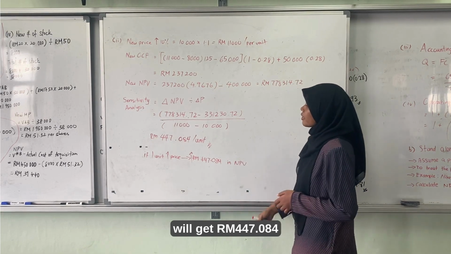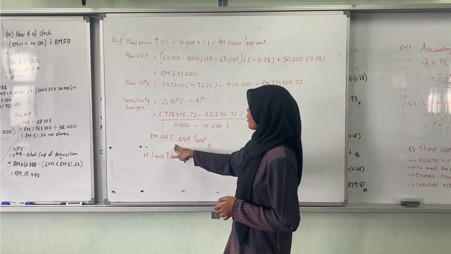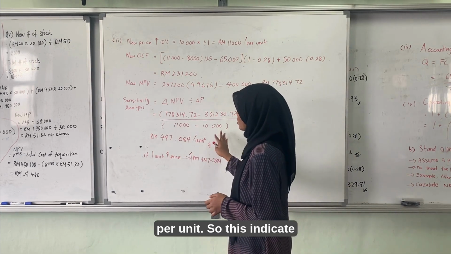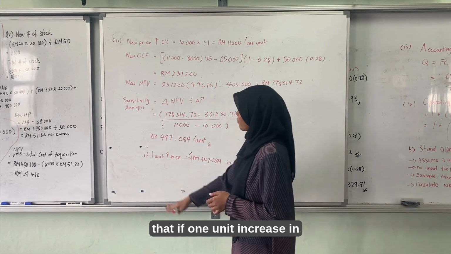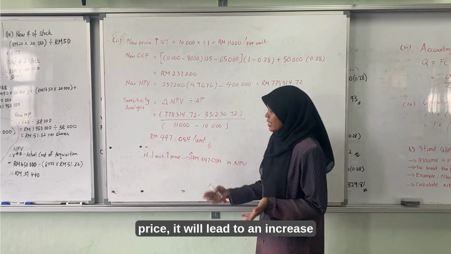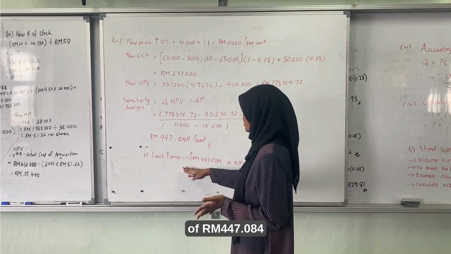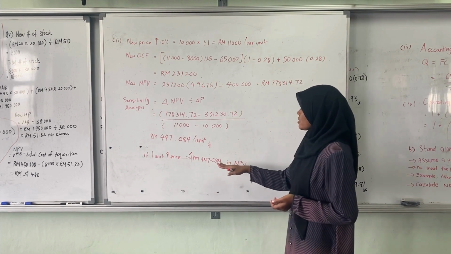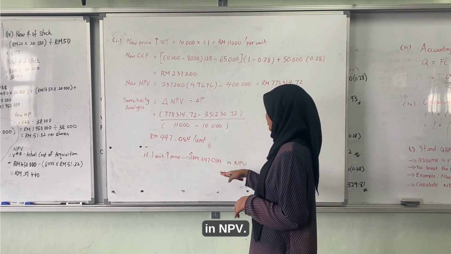So we will get RM447.084 per unit. This indicates that if price increases by one unit, it will lead to an increase of RM447.084 in NPV.